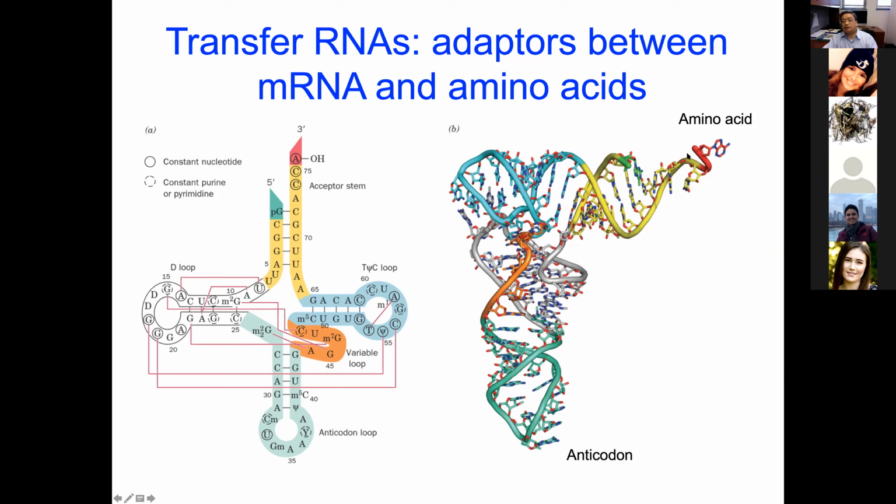And if it is a unique nucleotide called inosine, it can recognize three different kinds of codons.